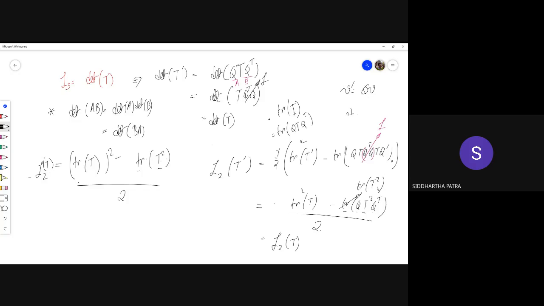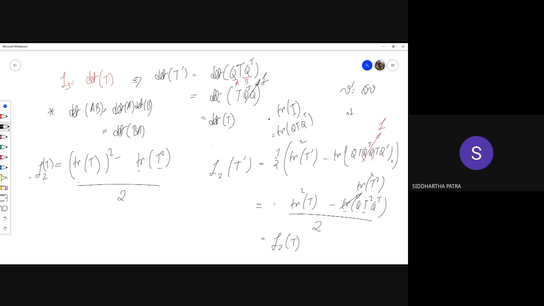T squared is a matrix which is square of another matrix. Okay, but t is a more general matrix, and whatever is true for a more general matrix is going to be true for any other matrix. Okay, so trace of t squared is also an invariant, which basically means once I rotate the whole matrix t squared, or look at t squared from a different reference frame, okay, so now that matrix looks like q t squared q transpose.